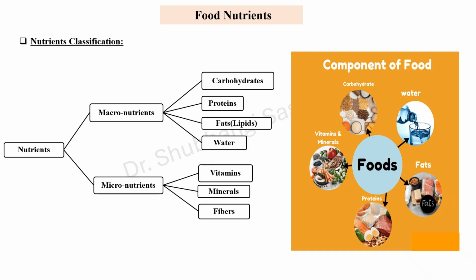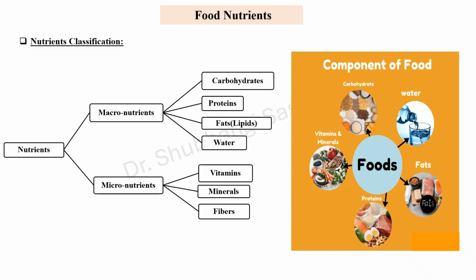They include carbohydrates, proteins, fats, water, and dietary fibers. The second category is micronutrients, which are required in very small quantity. They include vitamins and minerals. Although micronutrients are needed in smaller quantity, they are equally important because their deficiency can lead to several diseases.